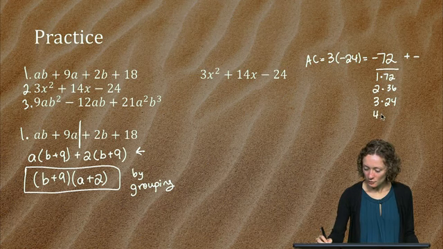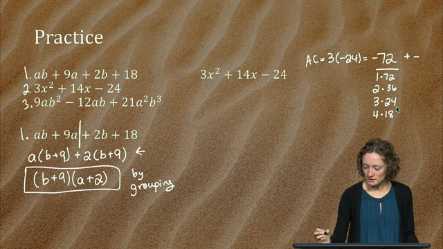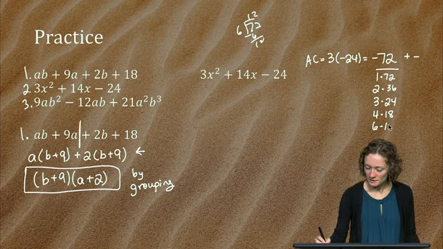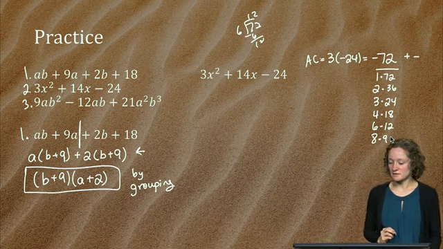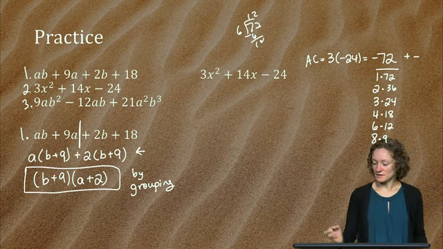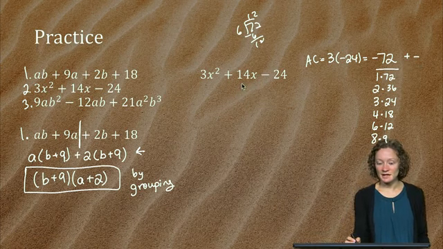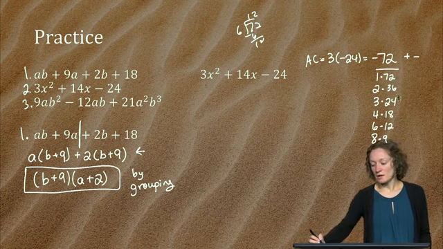Does 4 work? 4 and 18. 5 doesn't work. 6 and 12. And then 8 and 9. So these are all our options for numbers that multiply and give 72. We need one to be positive, one to be negative, and they need to combine to give 14. So which combination of 1 plus 1 minus gives us 14?